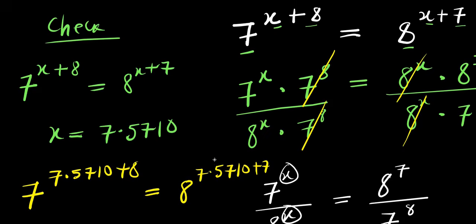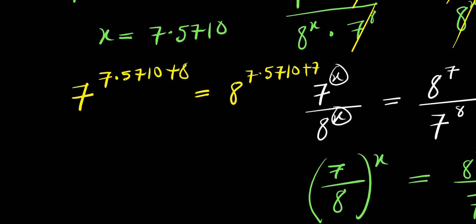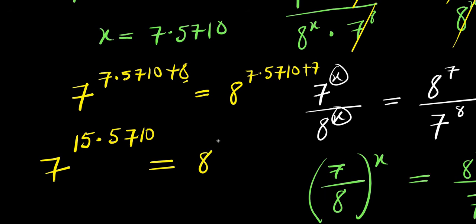You can do this using your calculator. Meanwhile, 7 power 8 plus 7.5710 gives you 15.5710, and does it equal the same thing as 8 power 14.5710? You can confirm this, but if it's not the same, it should be very similar.